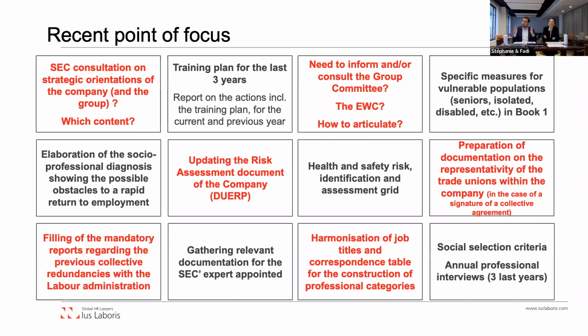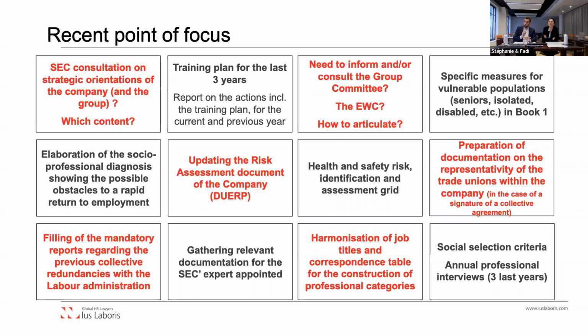So it's quite large, larger than just job positions. You have social selection criteria based on age, disability, length of service, professional skills, etc., with a point system to determine who's going to be made redundant: the one who has the fewest points.